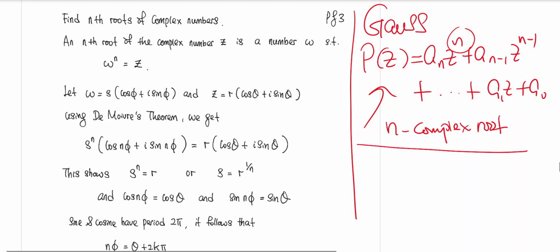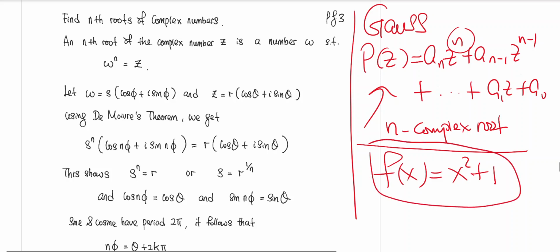So for example, let's say f(x) equals the quadratic x squared plus 1. Now we know that this equation doesn't have any real roots, but if you allow yourself to use complex numbers, we know that this function actually has 2 roots because it's a polynomial of degree 2. Same thing here.